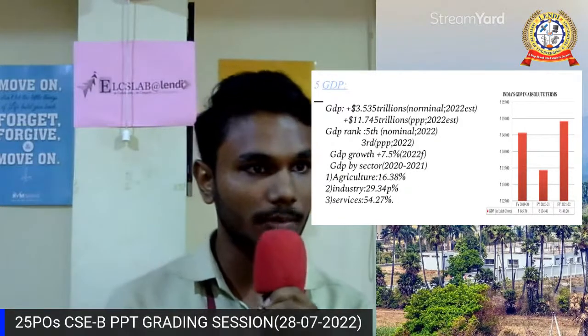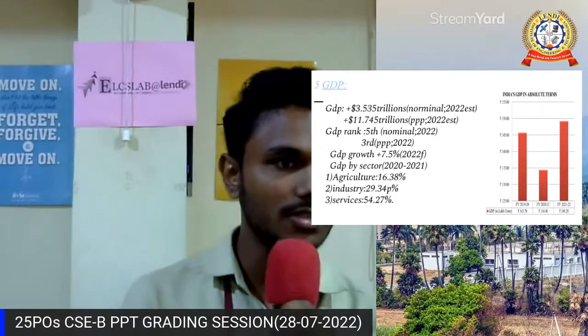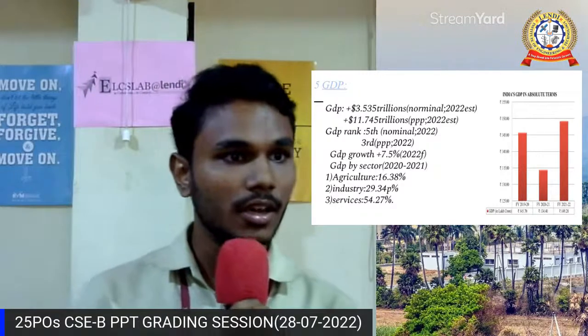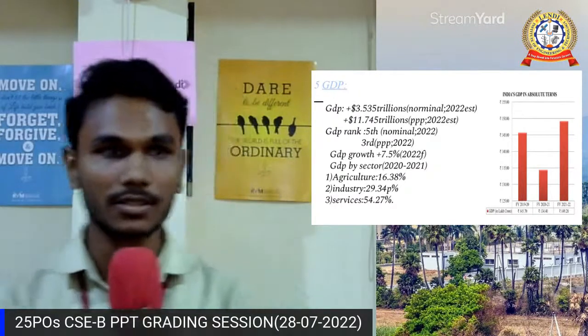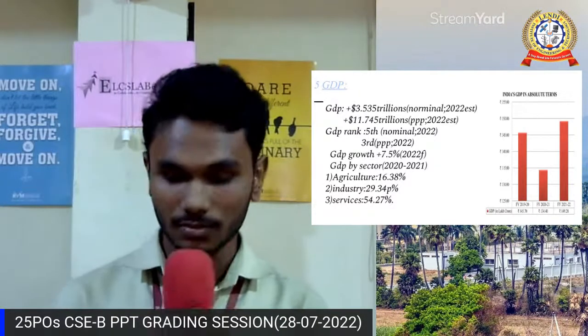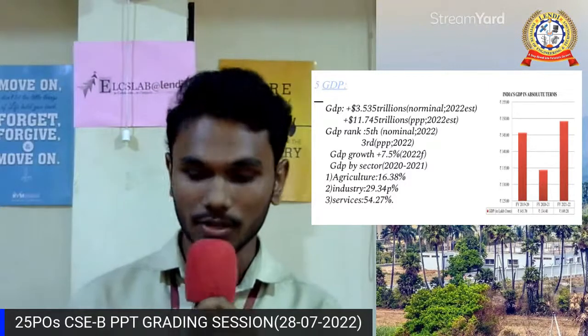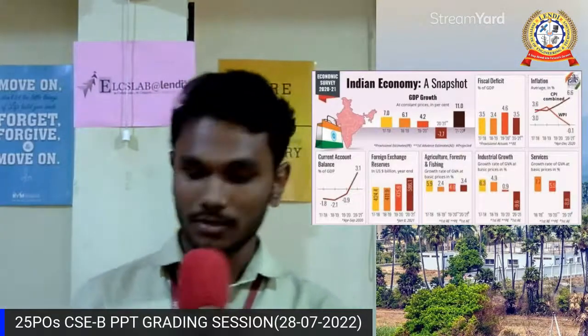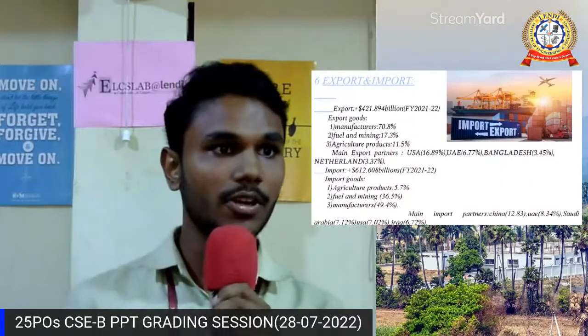Coming to the sectors, agriculture occupies 16.38 percentage, industry is 29.34 percentage, and the service sector is the largest, which occupies 54.27 percentage. Export and import.